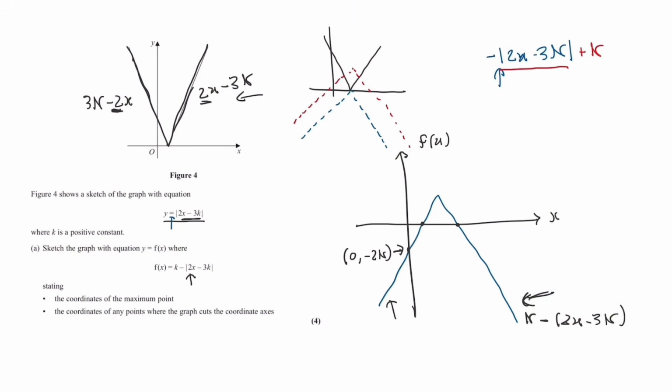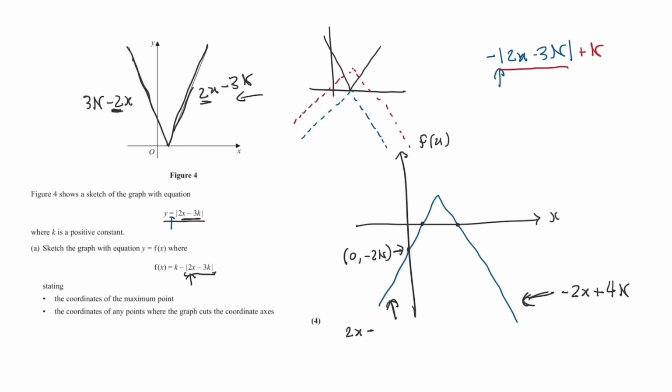So if we simplify this equation, it's minus 2x plus 4k. If we simplify this equation, this left blue equation is just going to be the negative of this. So instead of k minus that, it's going to be k plus that. So we're going to have 2x and then k plus 3k. Sorry, no, it's going to be k minus 3k.